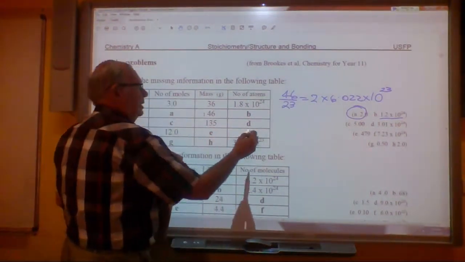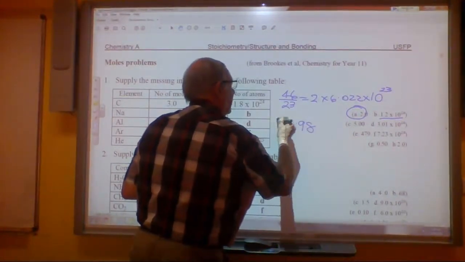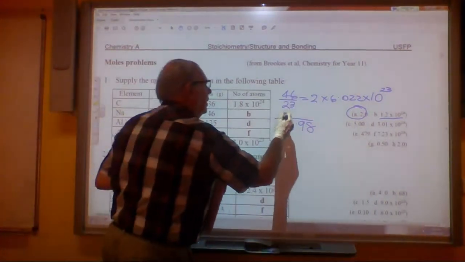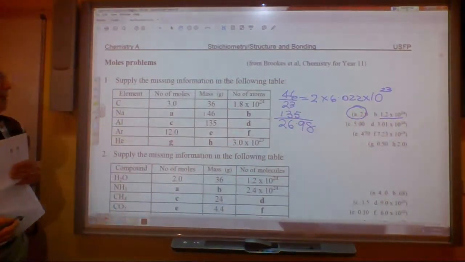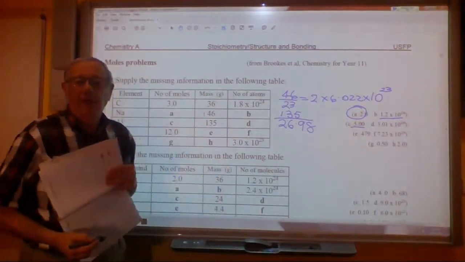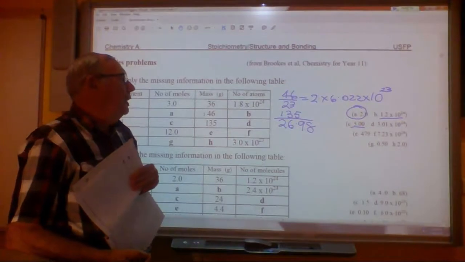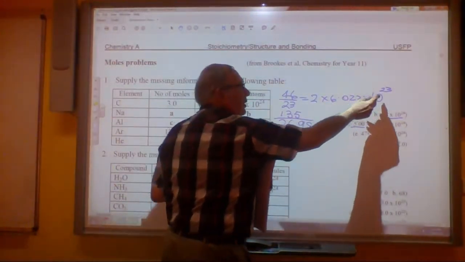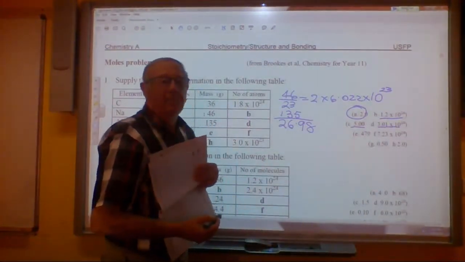So 26.98 divided into the number of grams that we've got, which is 135. When we divide through by that number, we get this number. That's our number of moles. To convert moles to atoms, we multiply by 6.022 by 10 to the 23, and that gives us that figure there.